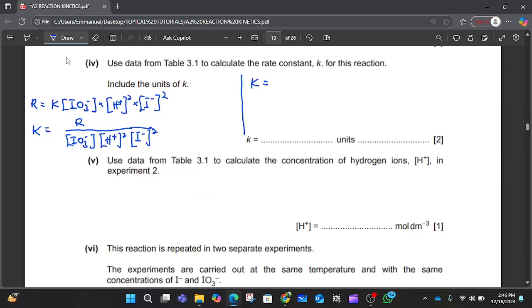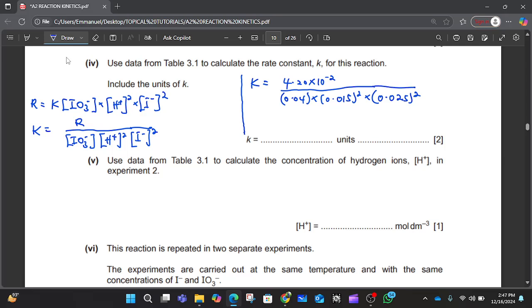So k is equal to the rate in experiment 1, which is 4.20 times 10 to the negative 2, divided by the concentration of IO3 minus, which is 0.04, times the concentration of H plus, which is 0.015 squared, times the concentration of I minus, which is 0.025 squared.